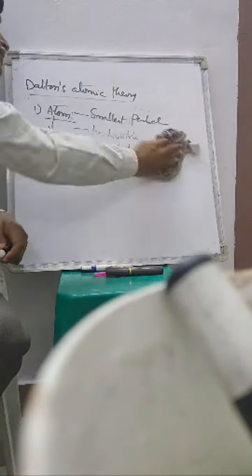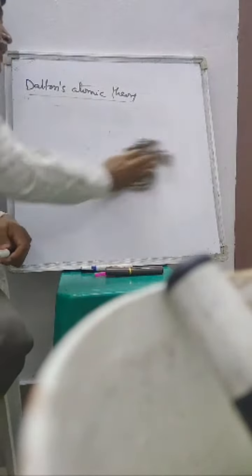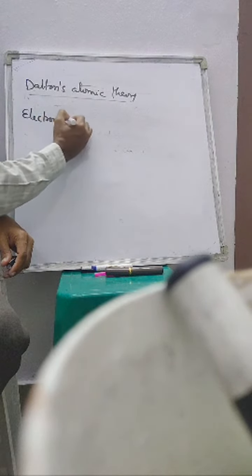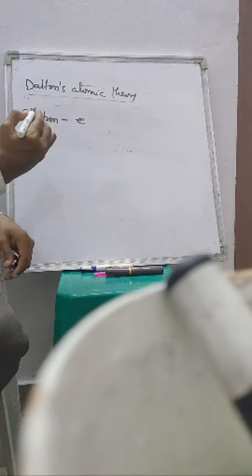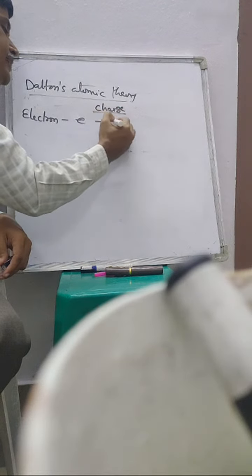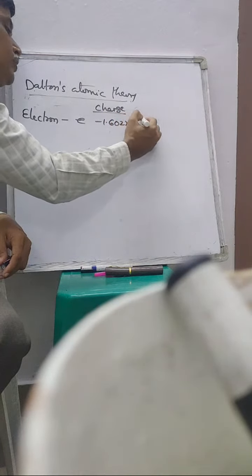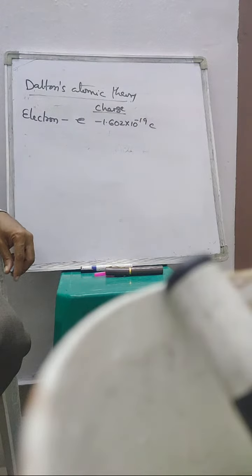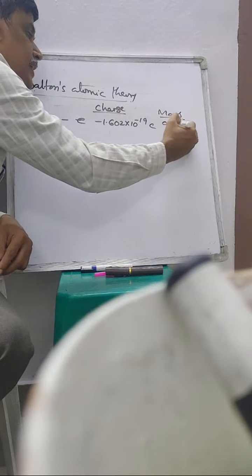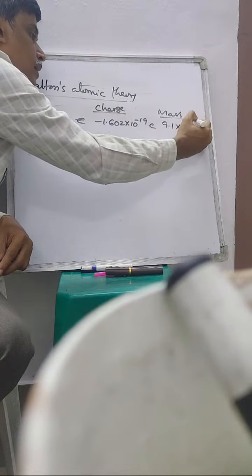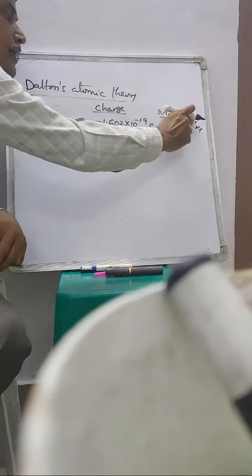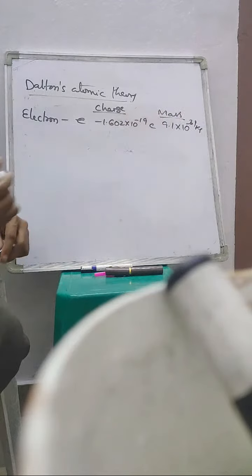We know that the electron is a negatively charged particle and is represented with e. Its charge is minus 1.602 × 10^-19 coulombs, and its mass is 9.1 × 10^-31 kg.